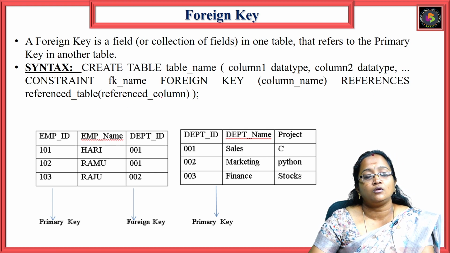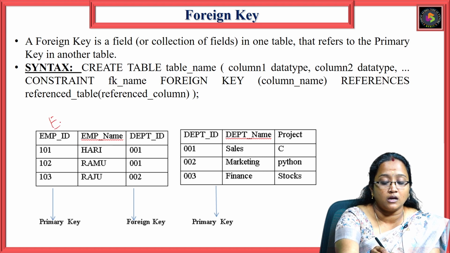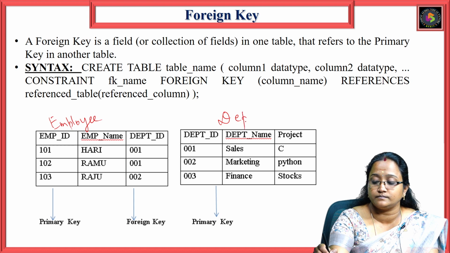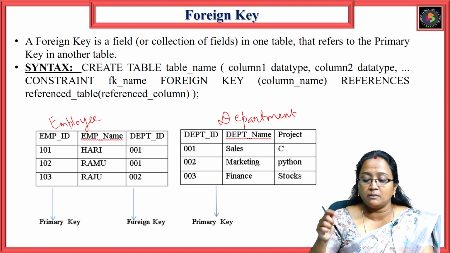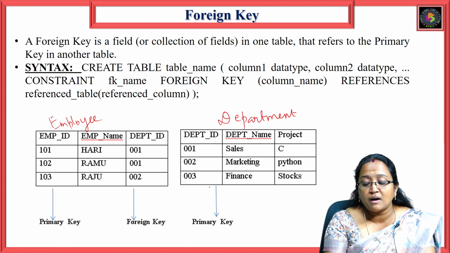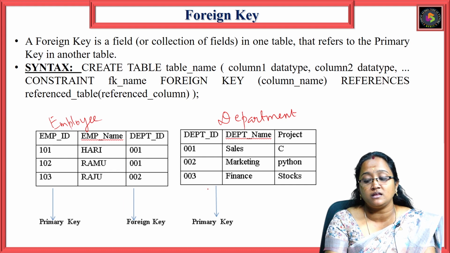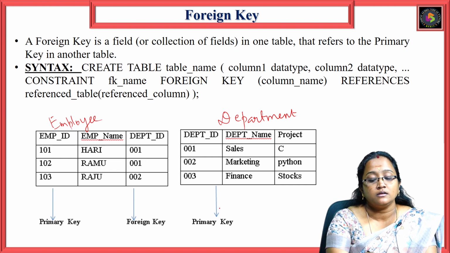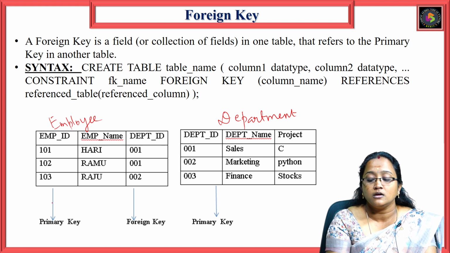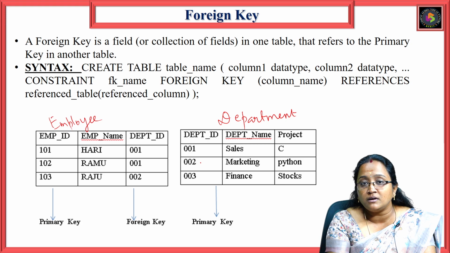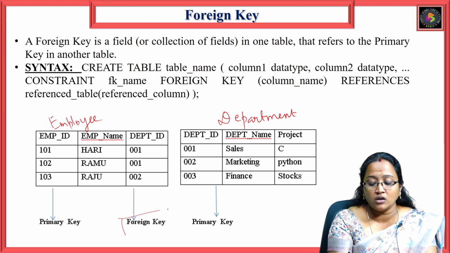Here we have taken the employee table and a department table. These are two different relations. In the department table, department ID is the primary key, and in the employee table, employee ID is the primary key. So this department ID is referred to in the employee table. So this is called a foreign key.